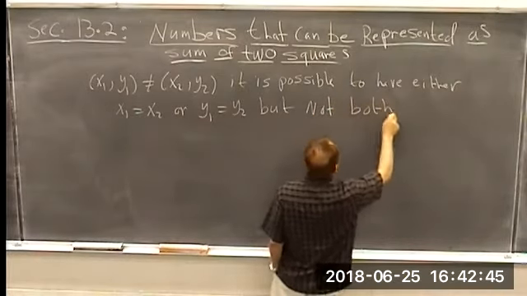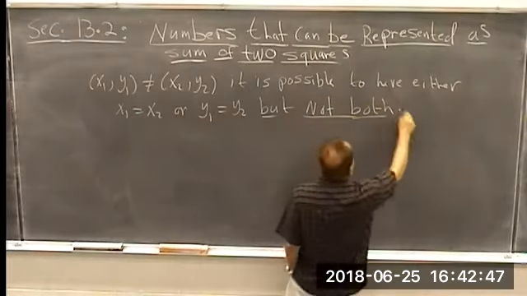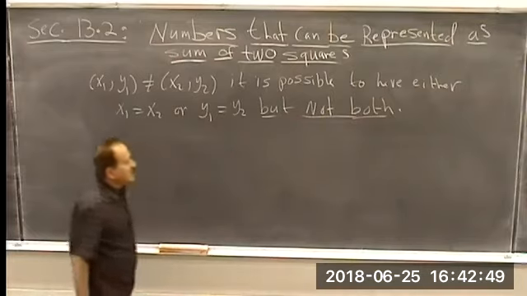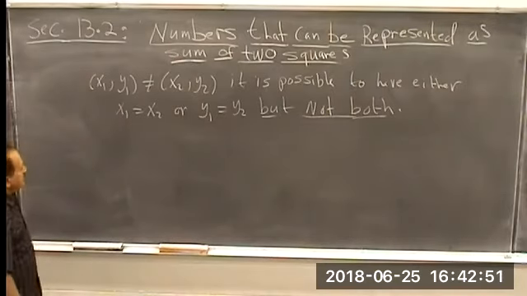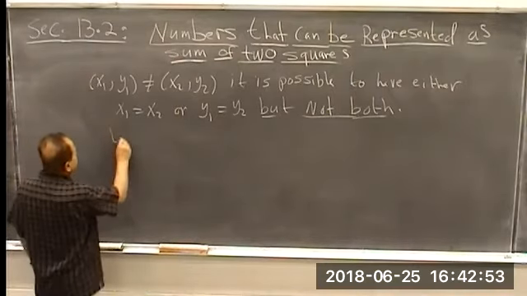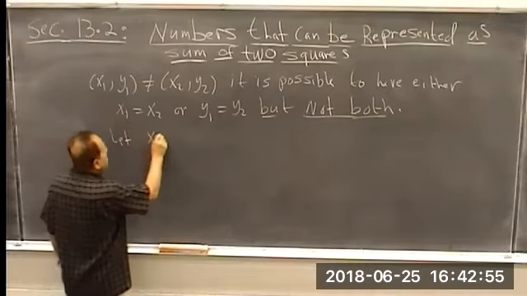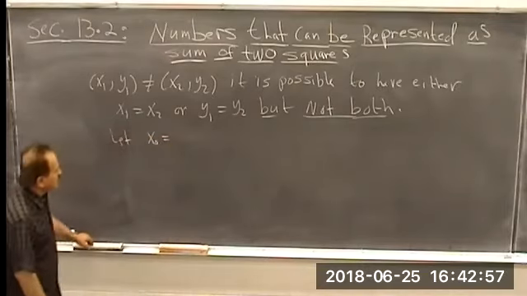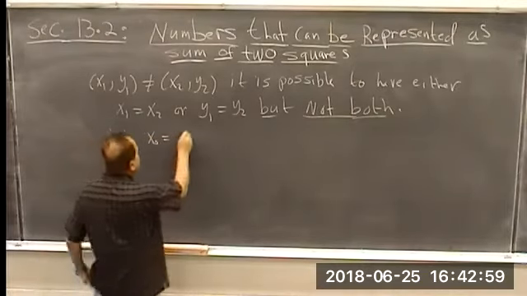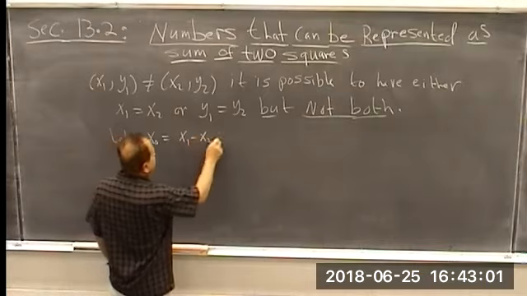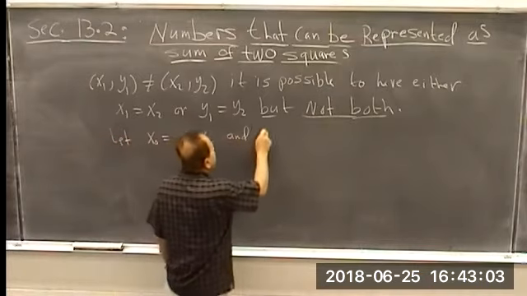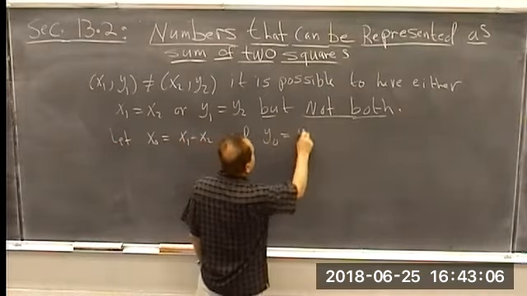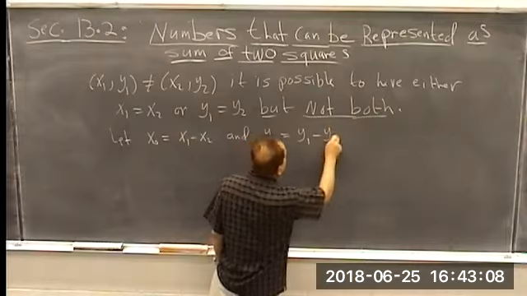And I want to show this. So I'm going to let x sub 0, because this is what we're going to have as a solution, equal x1 minus x2, and y sub 0 equal y1 minus y2.